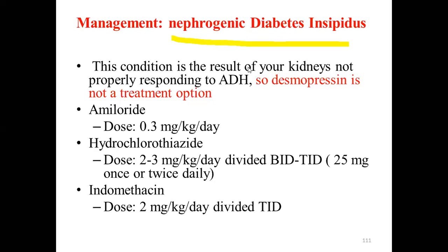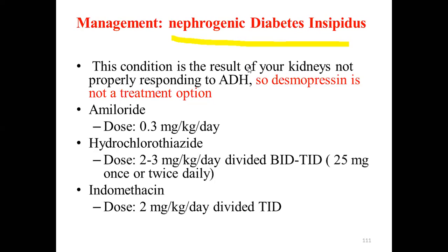That is why, before you diagnose diabetes insipidus, you have to rule out which type. Is it resistance or insufficient production? The lab parameters are very important to rule out whether it is nephrogenic or the other one, because the treatment usually varies. Here, mostly we use diuretics.